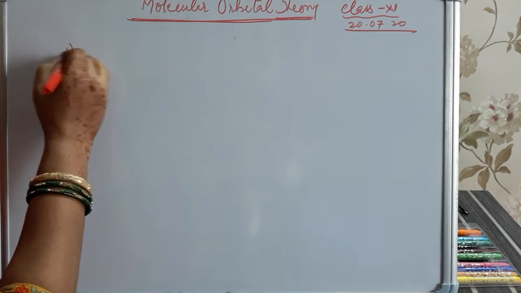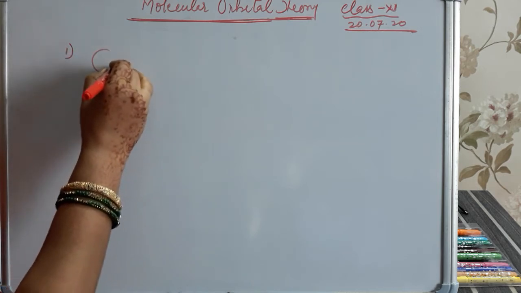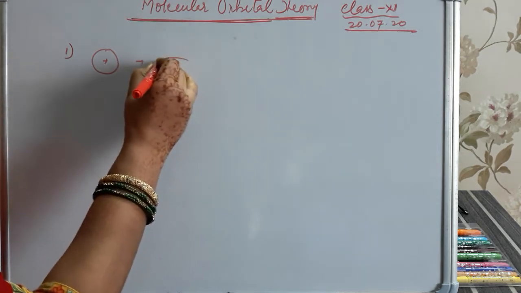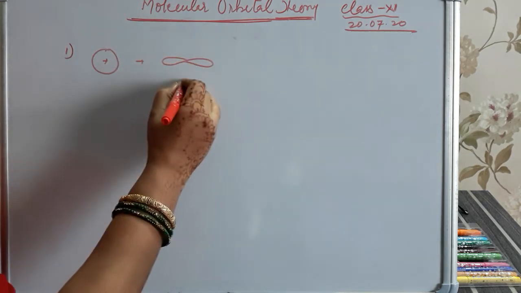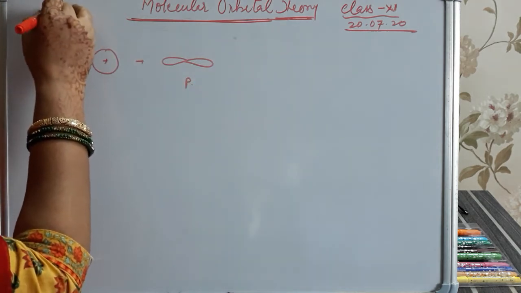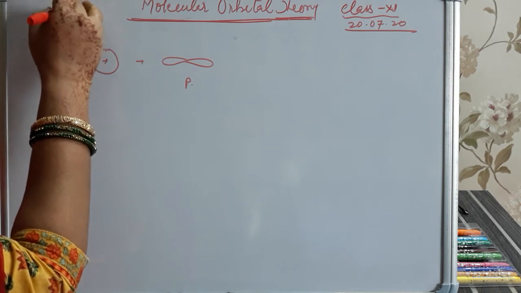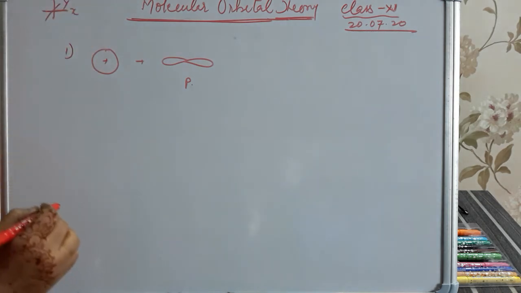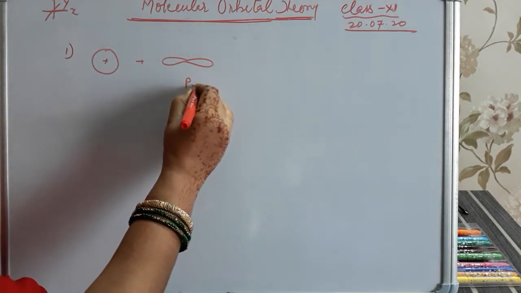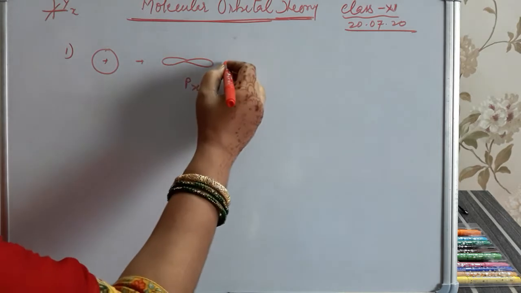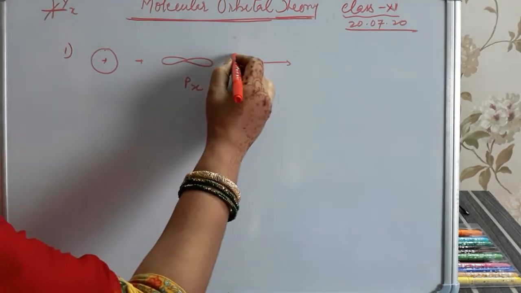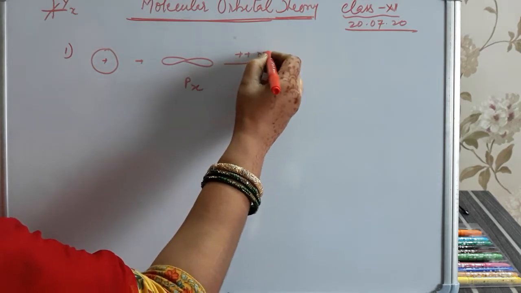When one s orbital combines with one p atomic orbital, suppose we take this as the x axis, this y, and this is the z axis. So when the px orbital undergoes addition overlap, that is called plus plus overlap.